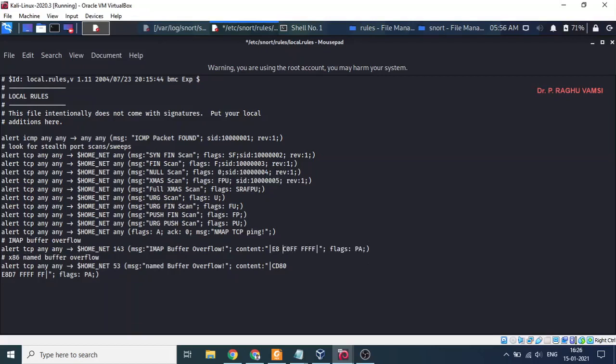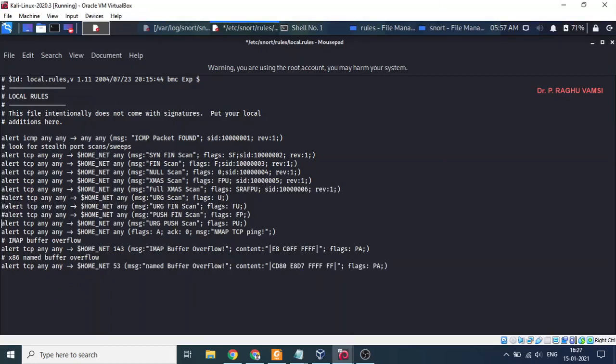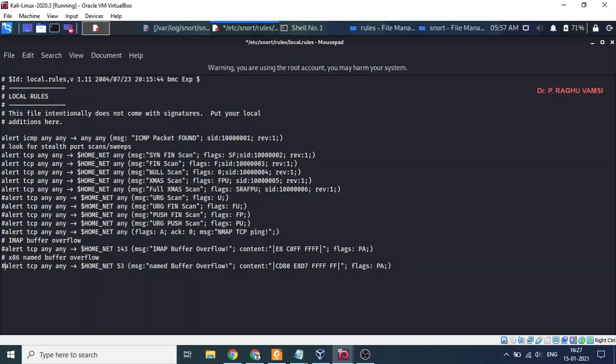And then we can change everything like that. So currently, I'm going to enable these. So I'm commenting out the remaining rules. So we may save it.